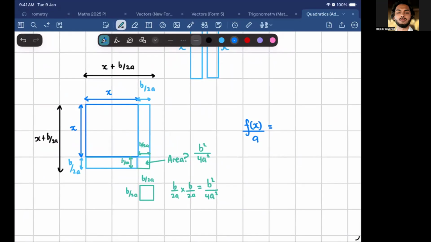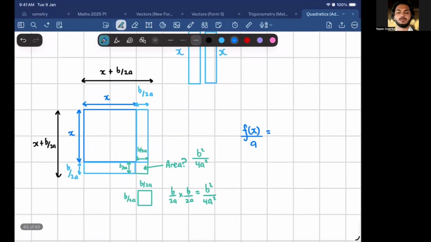You would square the length that you found of these sides, which is x plus b over 2a. Right? And Caleb, what was the missing area? B squared over 4a squared. Right.